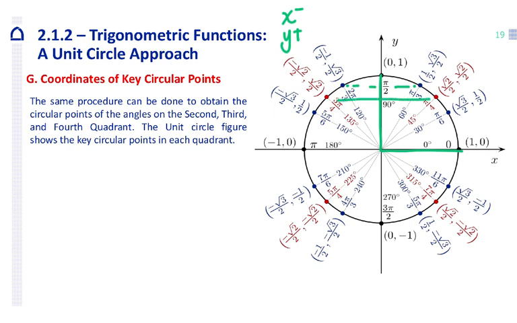So we took all those values and just made the x value negative. And then in quadrant 3, both the x and the y are negative, but it's the same general value, just changing the sign. And then in quadrant 4, you can see the x is positive and the y values are negative. And that's where we generate these values for all the common angles.